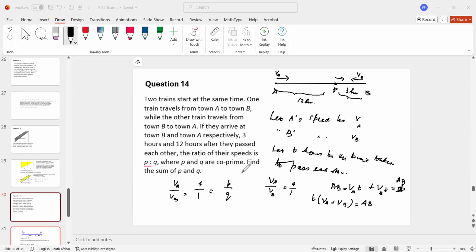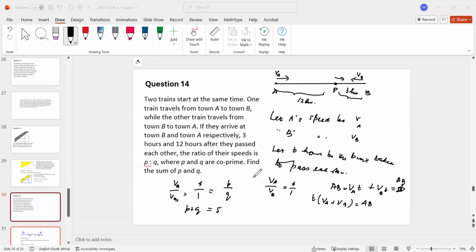Okay. Now they say find the sum of P and Q, but they are in the lowest terms. So this is the lowest term. You can't simplify this any further. So therefore, P plus Q is 5.